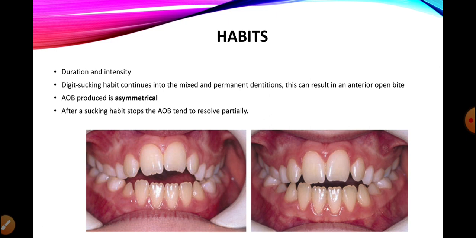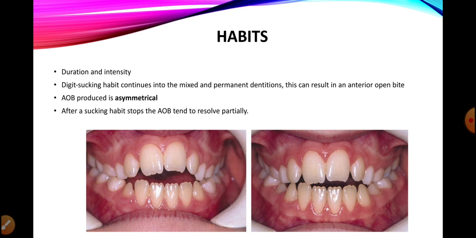It's not about somebody putting his finger or thumb in his mouth for 1 minute, 2 minutes, 1 hour, or once in a blue moon. It is the persistent habit with a long duration that actually creates an anterior open bite.